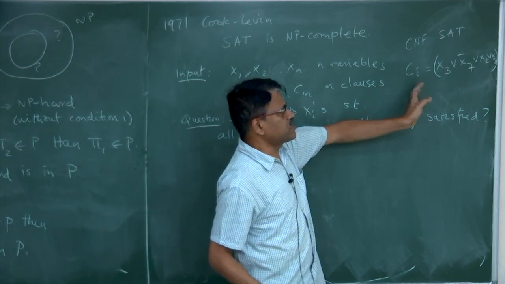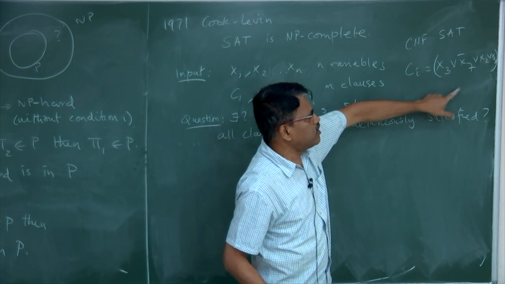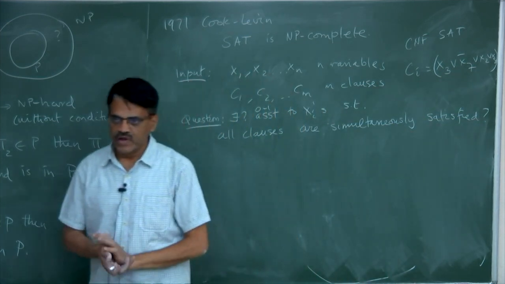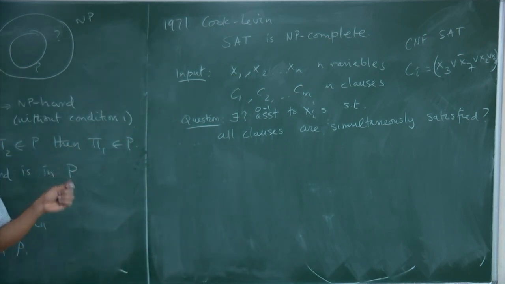Such a clause is satisfied if x3 is set to 1 or x7 is set to 0 or x2 is set to 1 or x8 is set to 1. So, now you have to set 0 or 1 to each of the variables such that every clause is simultaneously satisfied. Okay.